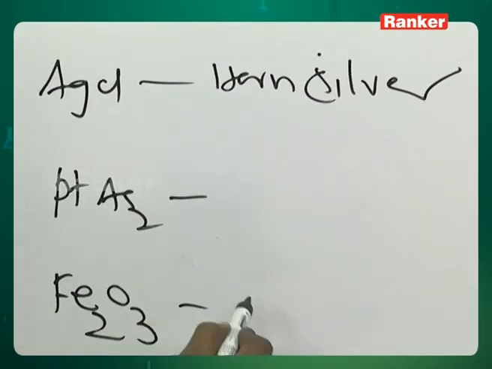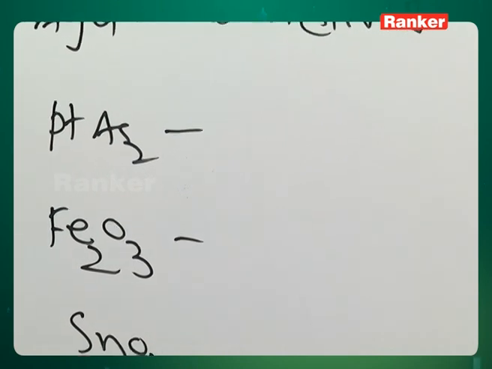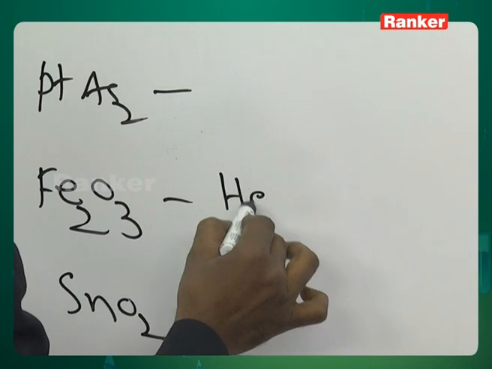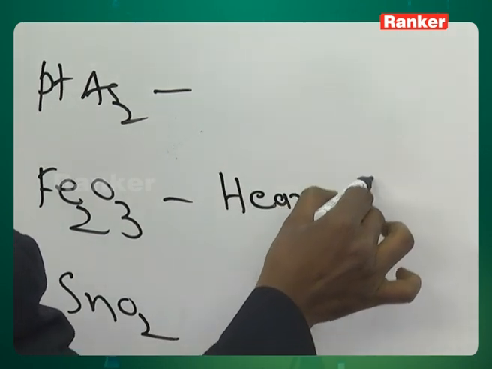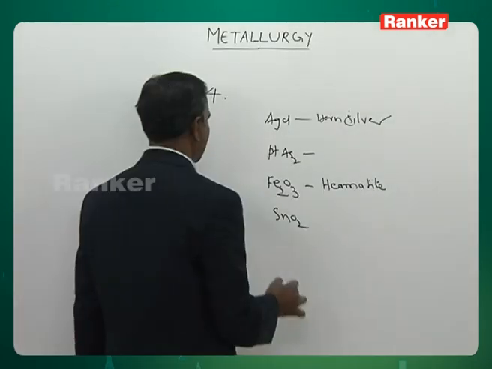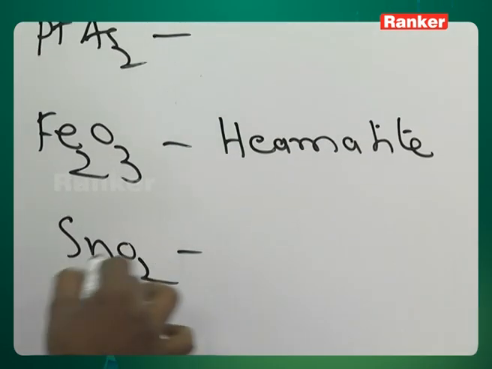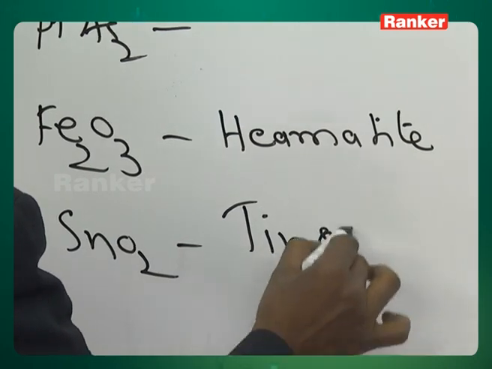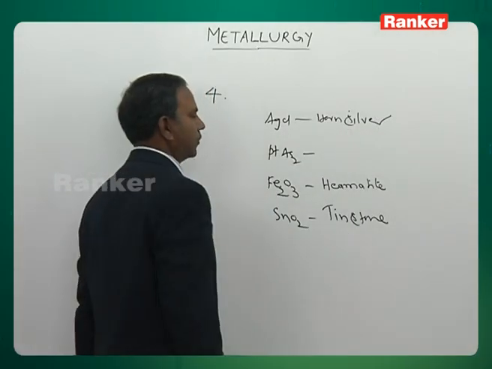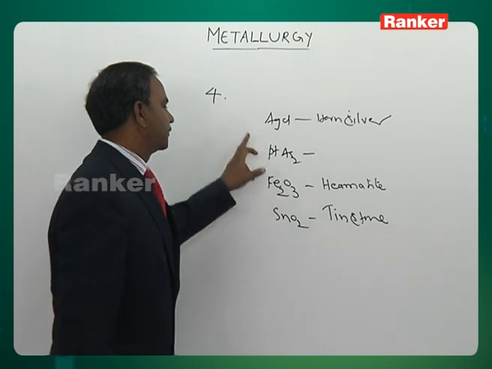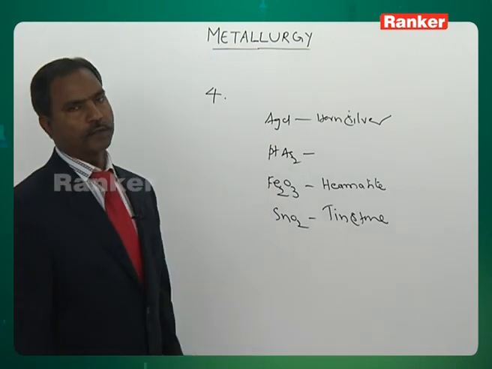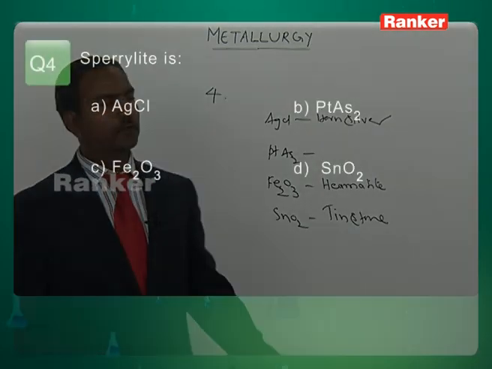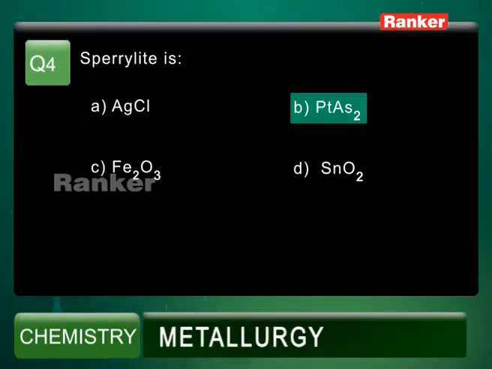Fe2O3 is hematite. SnO2 you might be knowing, this is tin stone. This is horn silver, hematite, this is tin stone. The remaining, PtAs2, is sperrylite. Therefore, question number 4, answer is B.